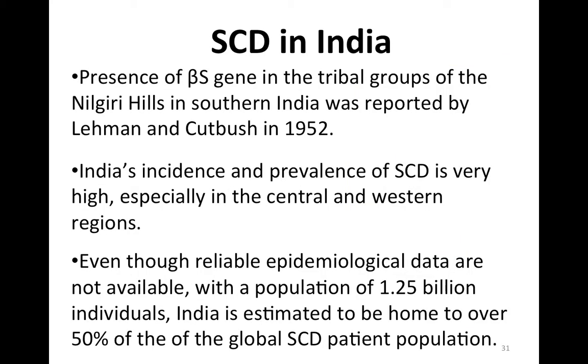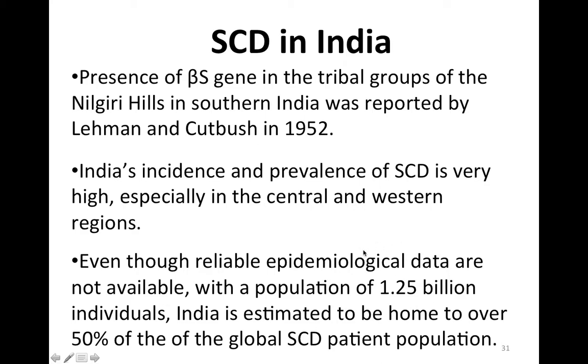In India, the sickle allele is present in the tribal groups of Nilgiri Hills. In 1952, Lehmann and Cutbush first identified it in Nilgiri Hills. In India, incidence and prevalence of SCD are very high, especially in the central and western regions.